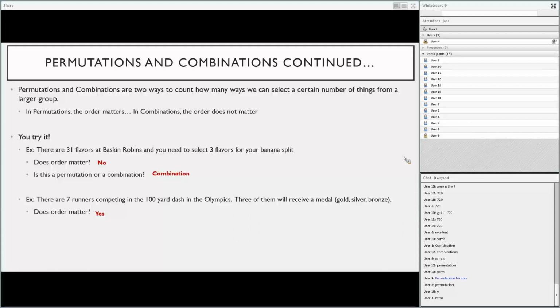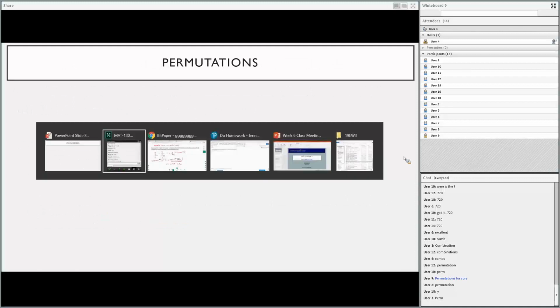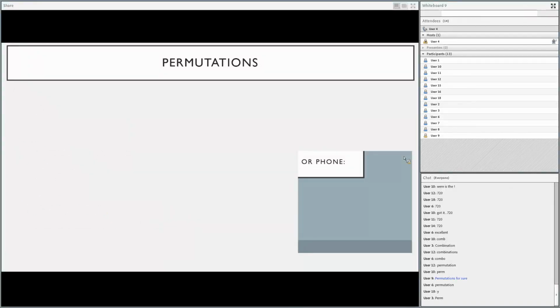Whoever comes in second gets the silver, and whoever comes in third gets the bronze. So if I change the order, then the winners are going to change. I bet the guy who goes across the finish line first and gets the gold, if I gave him the silver, he would probably not be happy, right? Because the order matters. So since the order matters, this is a permutation.